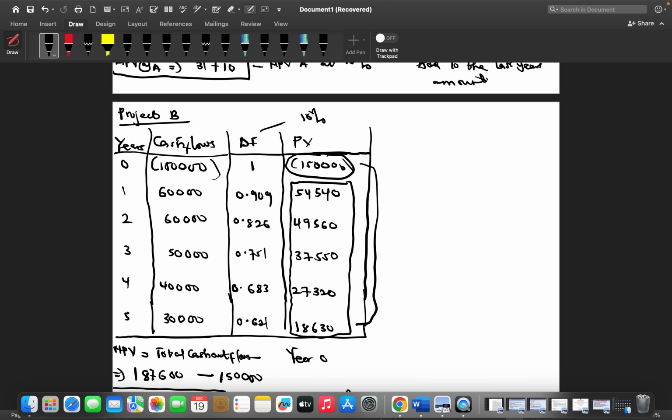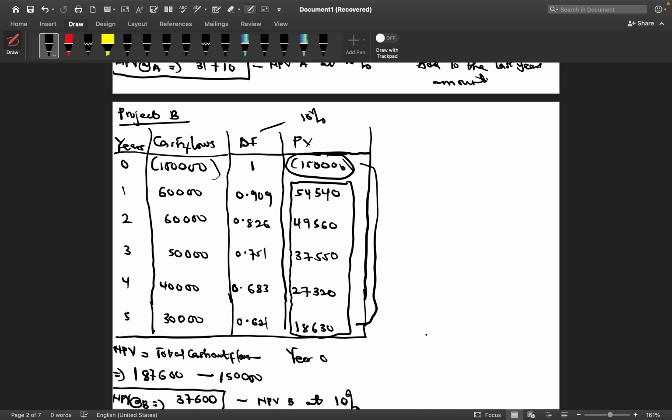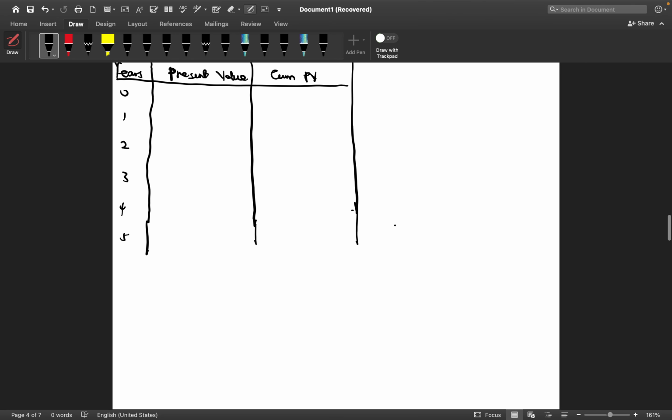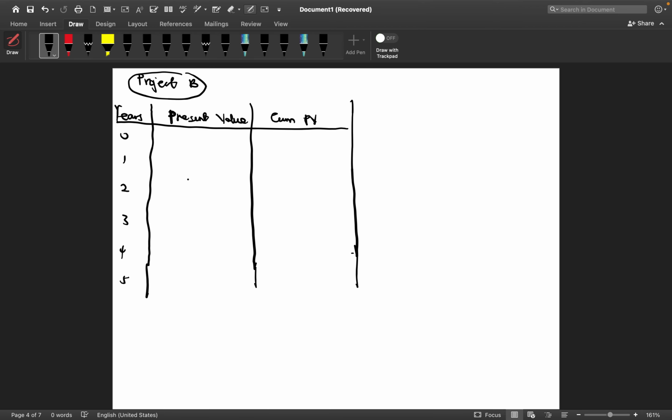Okay, so let me go straight to that place. The present value, the initial one, was still 150,000. So year one was 54,540.